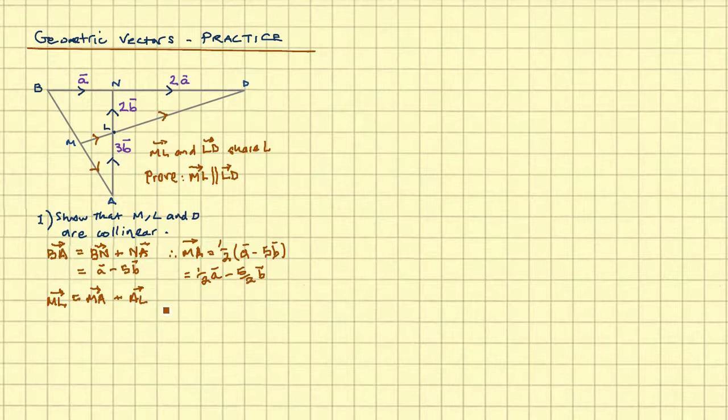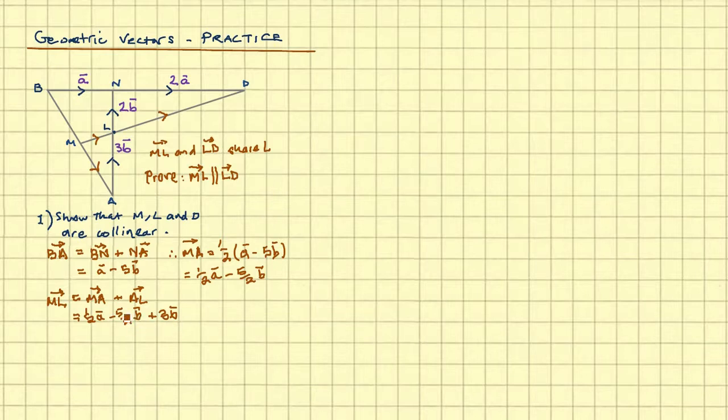So we now write that down in terms of a and b vectors. So M to A is half a minus 5/2 b plus 3b. A to L is 3b.